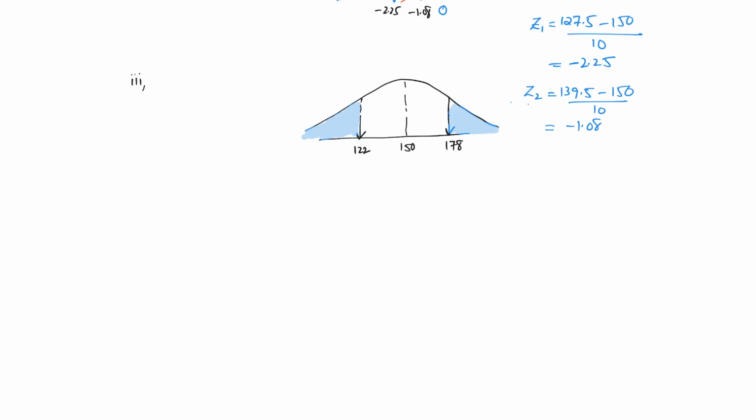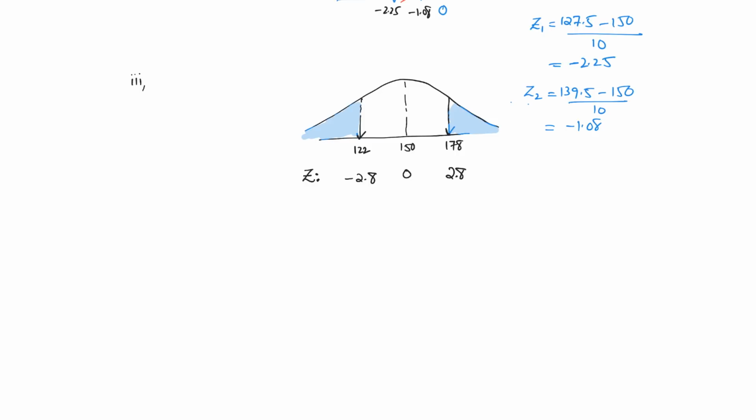Okay, so the way you are going to approach this question is you will find the z values. We know that the corresponding z value for 150 would be 0, and using the same formula, x minus mu over sigma, the z value for 122 can be calculated as negative 2.8 and this as 2.8.